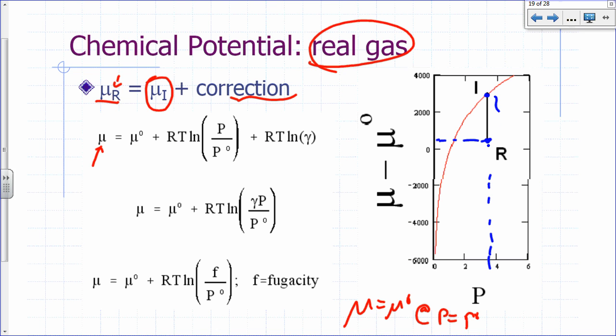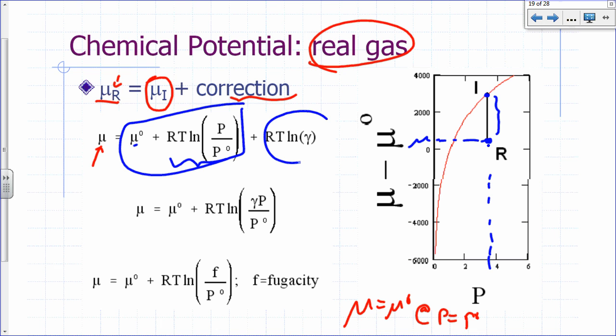So this difference is the correction that we're going to make. So the chemical potential at pressure P for the real gas, this is your mu, is equal to mu naught plus RT ln P over P naught, which is the ideal value, plus this correction term, which is RT ln gamma.